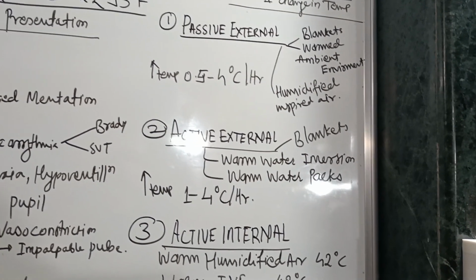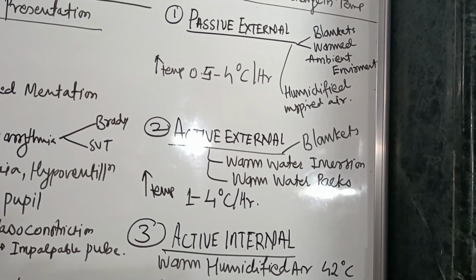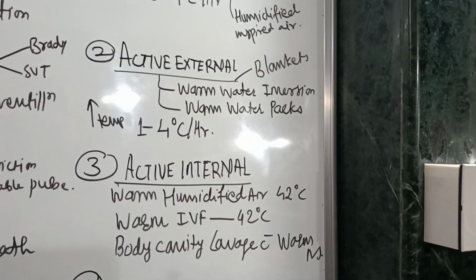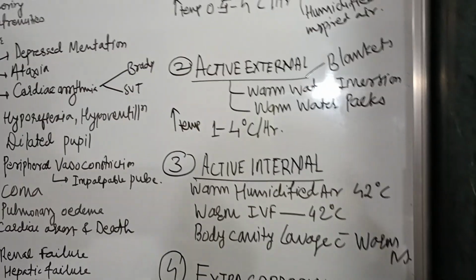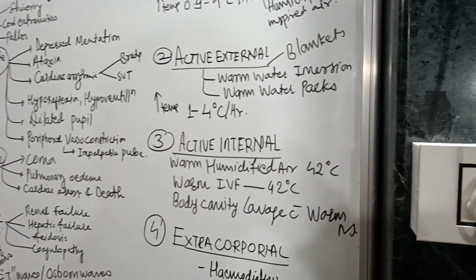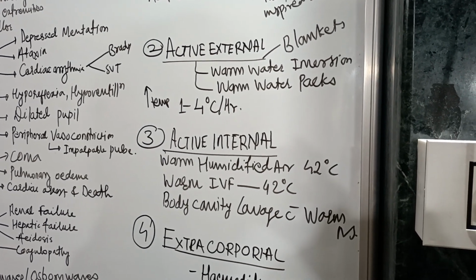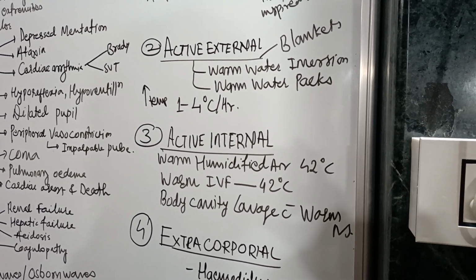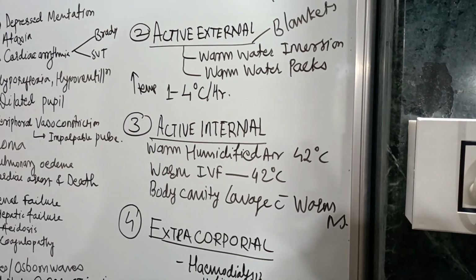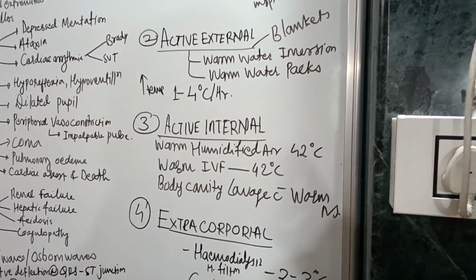It increases temperature at a rate of 0.5 to 4 degrees Celsius per hour. In active external heating, we can use blankets, warm water immersion, or water packs. It increases temperature by 1 to 4 degrees Celsius per hour.